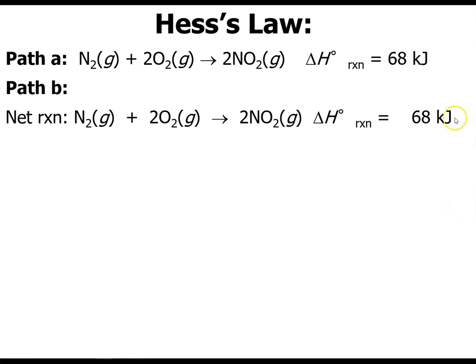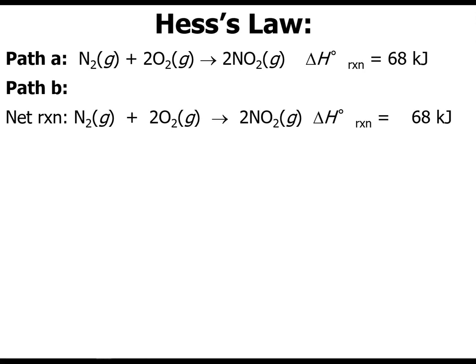We can't measure this delta H directly, perhaps, for a certain chemical reaction, but we can add different chemical reactions together to find some of them to know what that overall delta H might be.